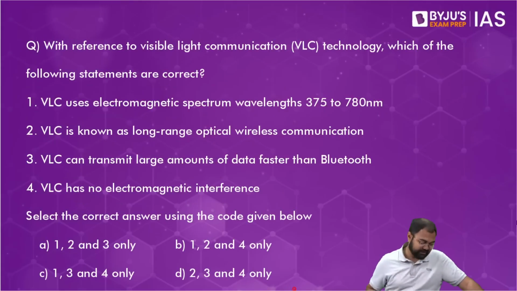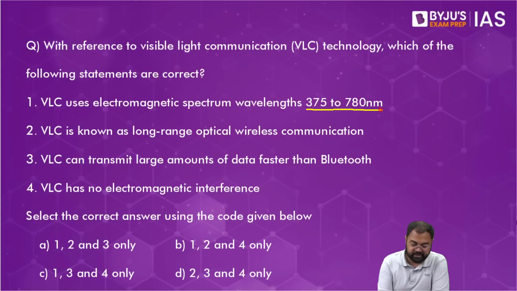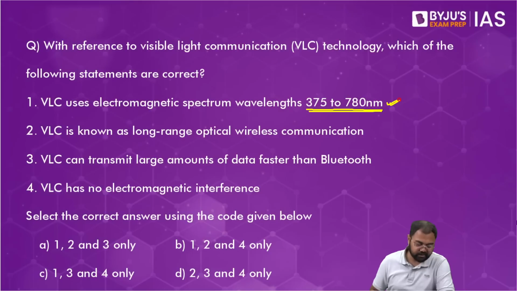Another question that has been asked from this topic only, you can say. I'll just give you one hint that when they say 375 to 780, this is more or less the light range only. The range can differ a bit. If you go to 10 different sources, everyone will show some difference in their numbers.